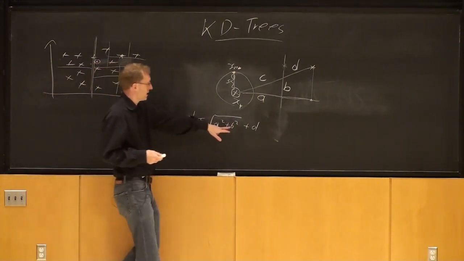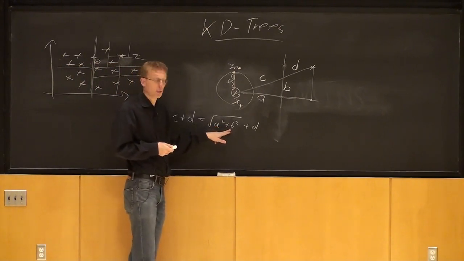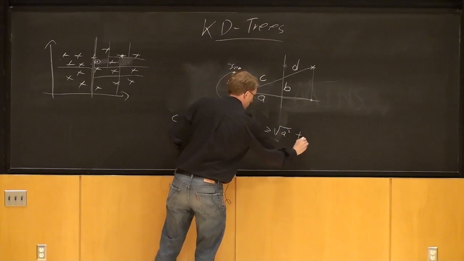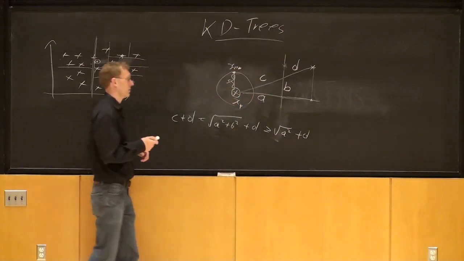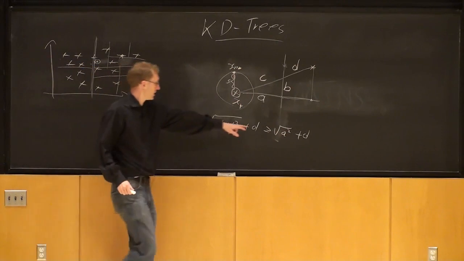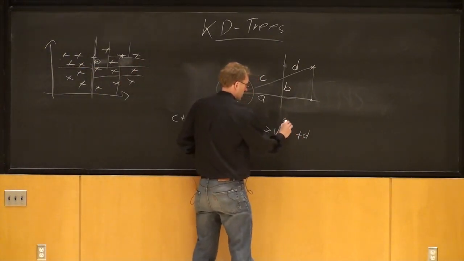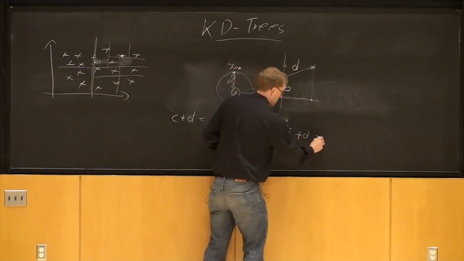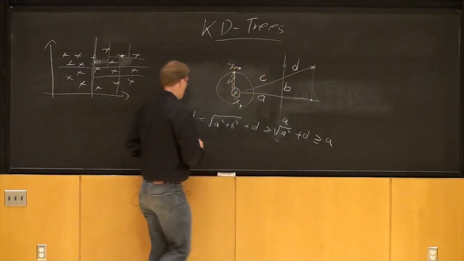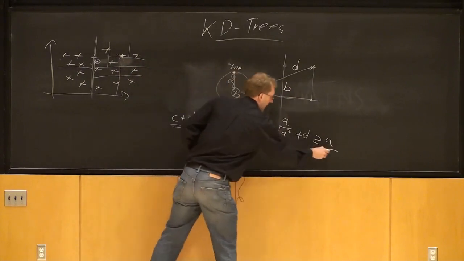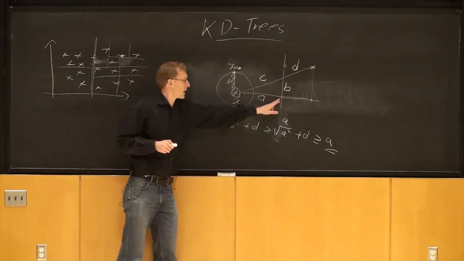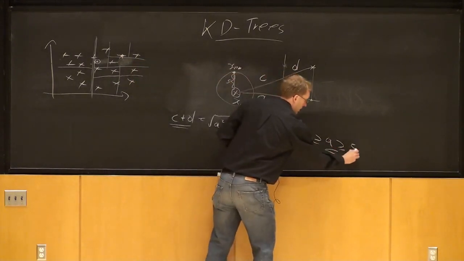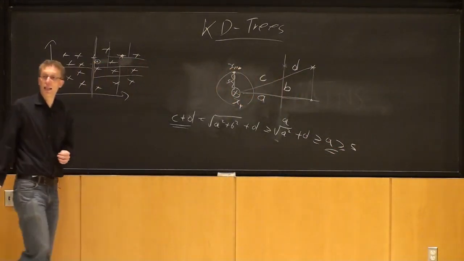Well, this is certainly greater than 0. So one thing we can say is that it's greater or equal than just the square root of a squared, plus d. Well, that's just a. And d is also a non-negative thing. So this is greater or equal a. So c plus d is greater or equal a. And a is greater than the distance to the nearest neighbor. And that completes the proof.